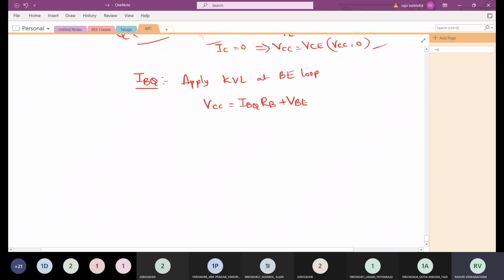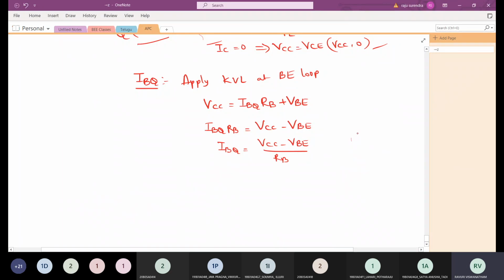We have to calculate IBQ. Then IBQ RB is equal to VCC minus VBE. So IBQ is equal to VCC minus VBE by RB.